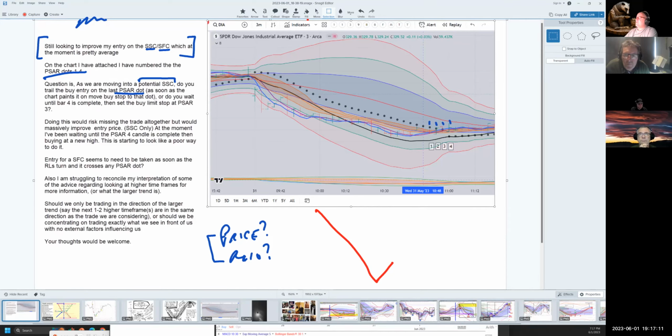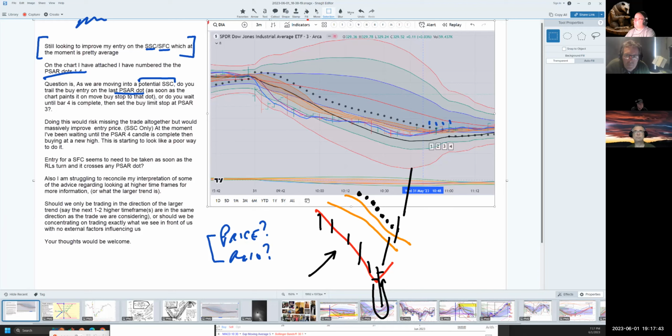What you'll often see is the dragon will be like that, and the PSAR dot is on the far side of the dragon from price. And it was this harsh winter which often ends up with the last bar looking like that, and maybe it was here and sold off, and then it reversed and came all the way back up. And then it's not unusual to see that thing go 1, 2, 3 and go.